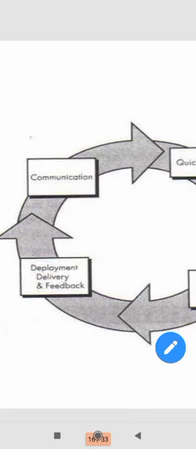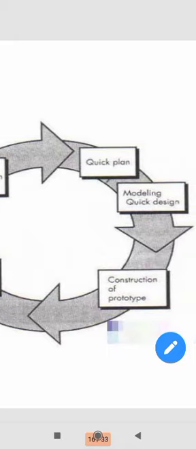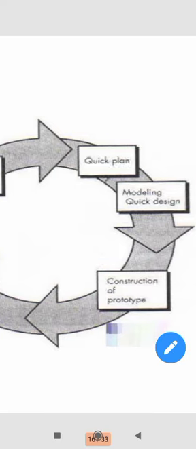So first one is communication. I am dealing with the customer, interacting with the customer, and getting how it will be done, what the necessary things are, and how you want to change the existing system. That is called communication. Quick plan: I am making a quick plan. That is called requirement gathering, and I am documenting it.